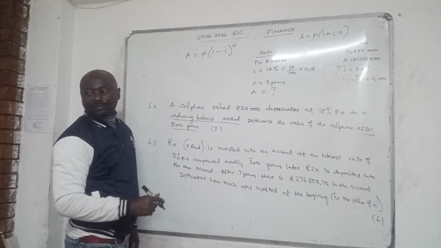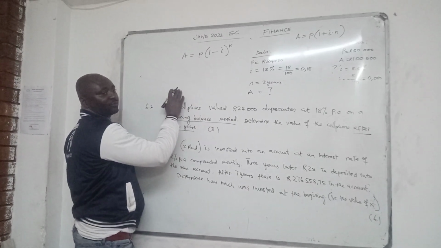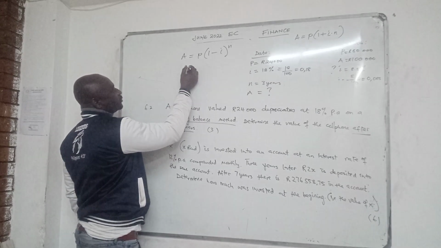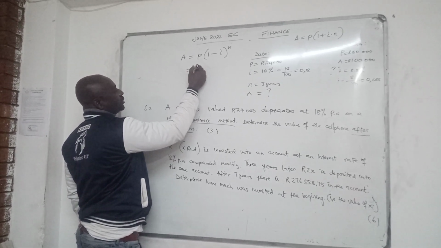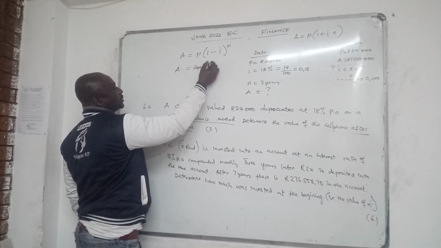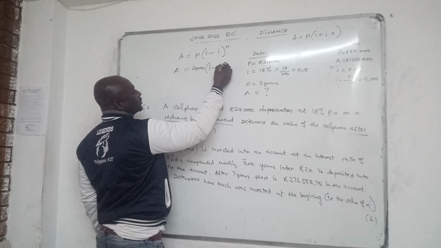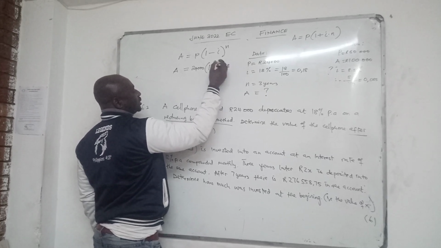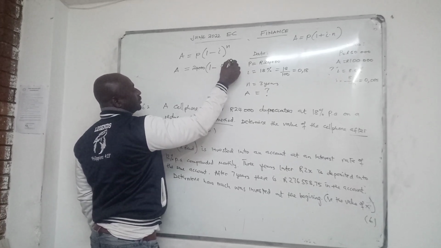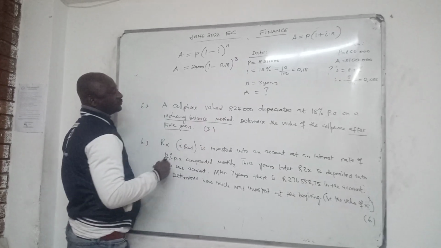The one that you're not finding is what you are looking for. So you use what you have to find what you don't have. So our P is 24,000 into bracket 1 minus i, which is now 0,18, to the power of 3.